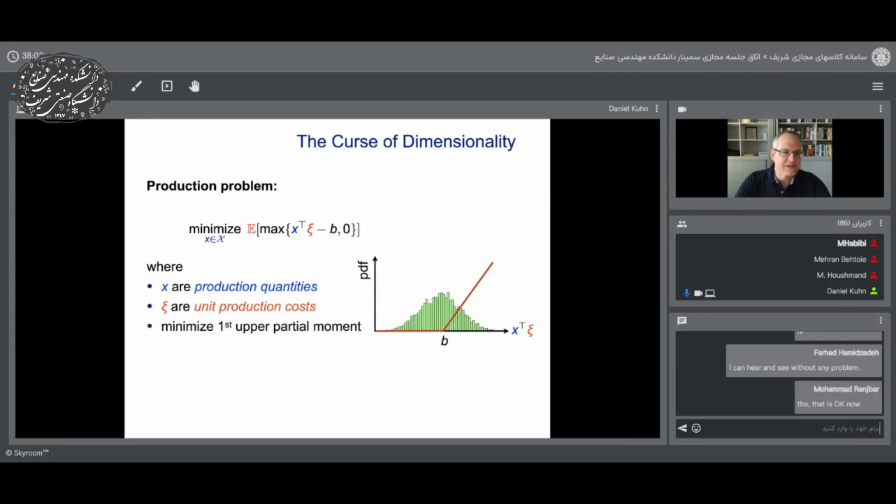Now, in our simple stochastic optimization problem, we try to find a vector X of production quantities that minimizes a risk measure, in particular the so-called first upper partial moment.